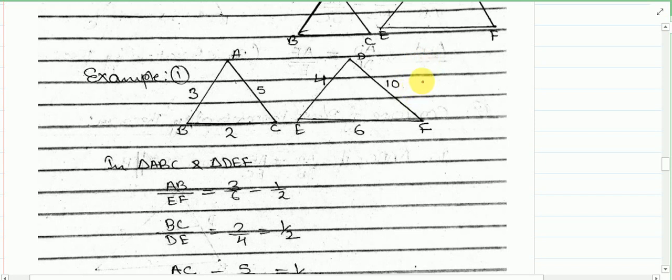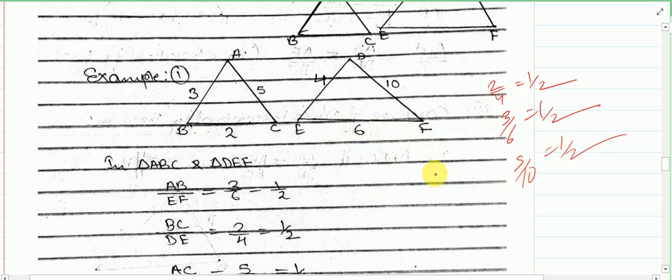So here what do we observe, that this BC is 2 and this DE is 4. So 2 by 4 is coming how much? Half. And here we observe that AB is 3 and EF is 6. So 3 by 6 is half. And then AC is 5 and DF is 10. So 5 by 10 half.